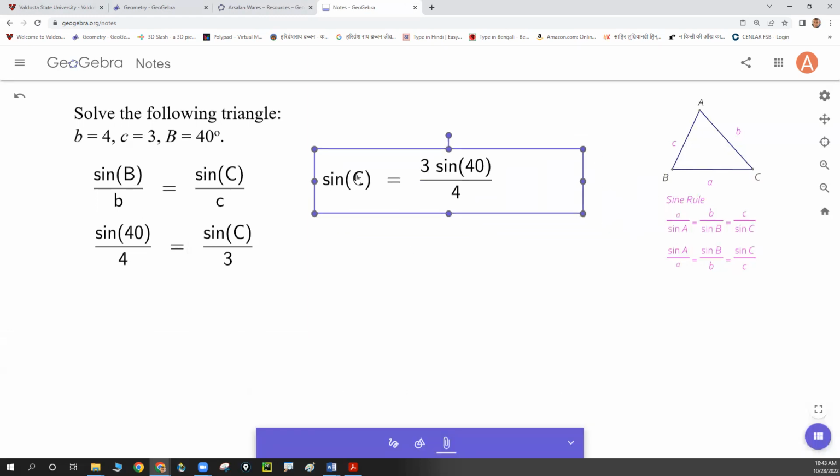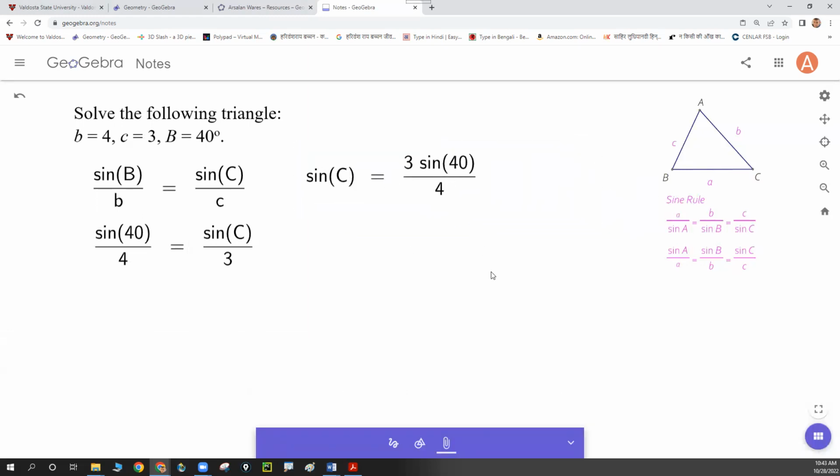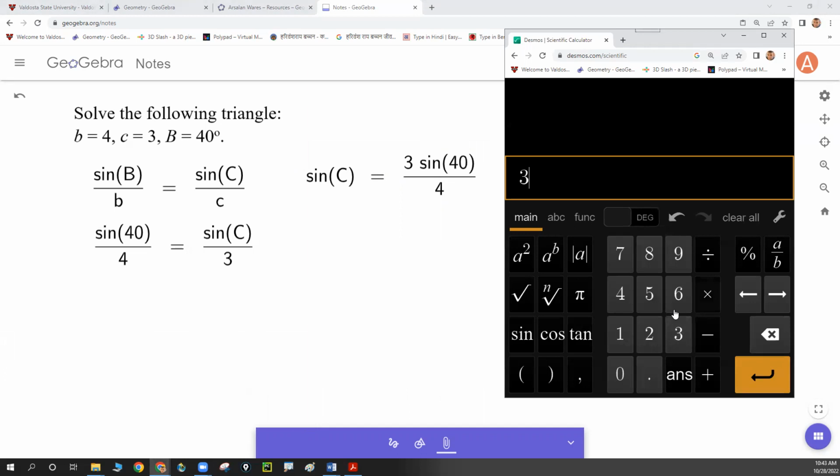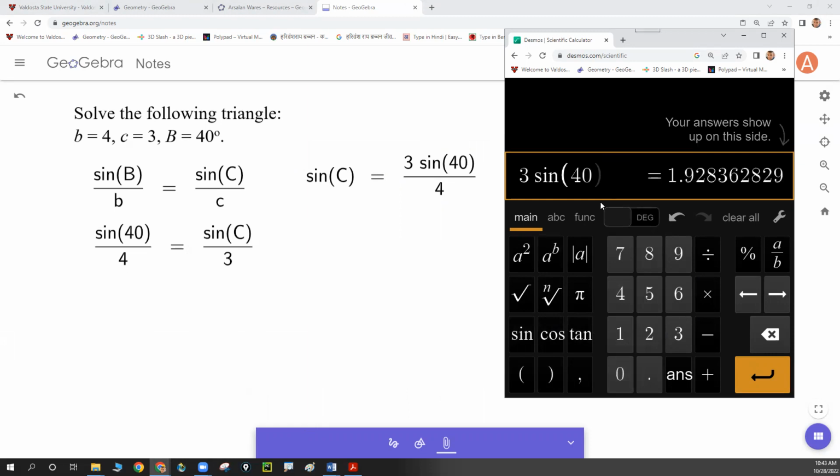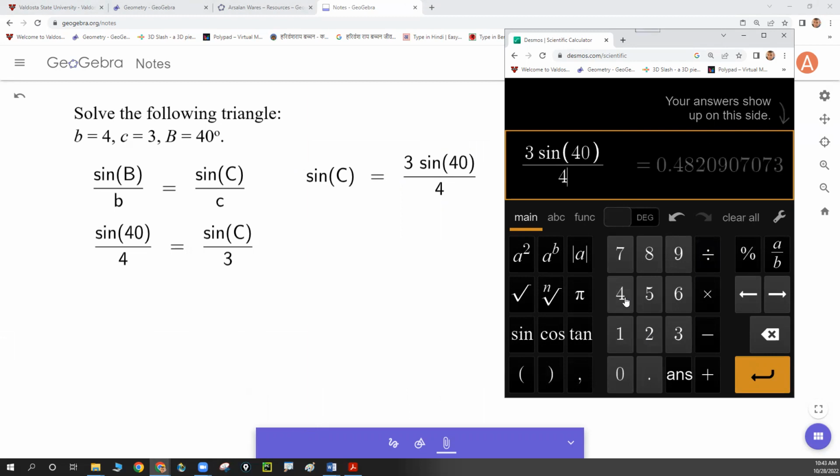Now, I'm going to use my calculator to evaluate 3 times sine 40 degrees over 4.